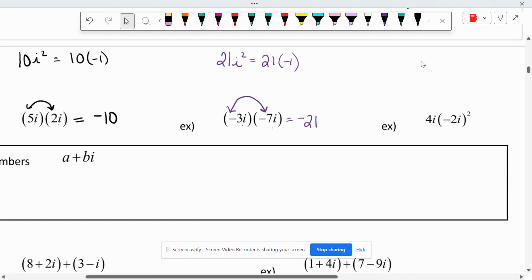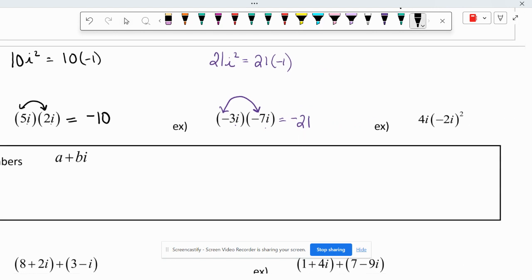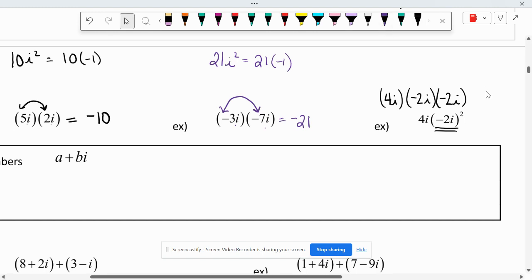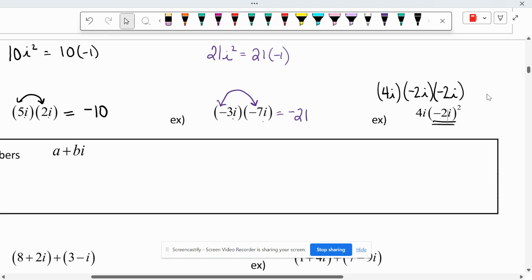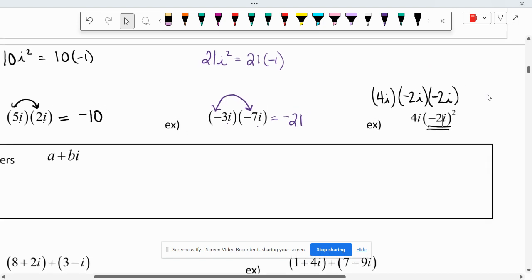Okay. This next one is not as straightforward because I have to square this whole quantity. So this is really 4i times negative 2i times negative 2i. So let's multiply all the coefficients. 4 times negative 2 times negative 2 equals what? It equals positive 16.